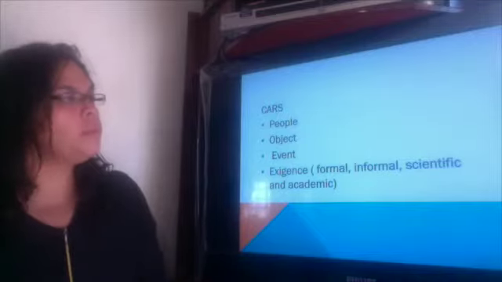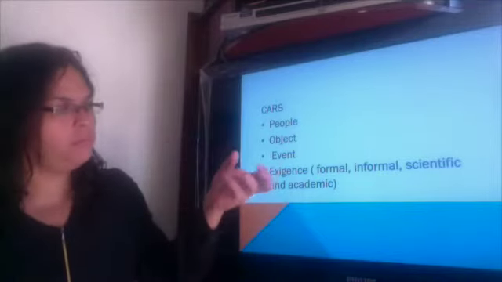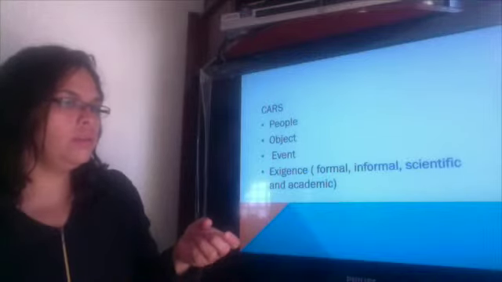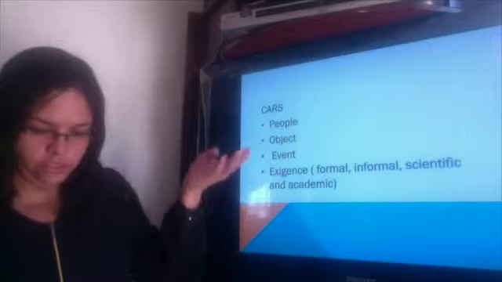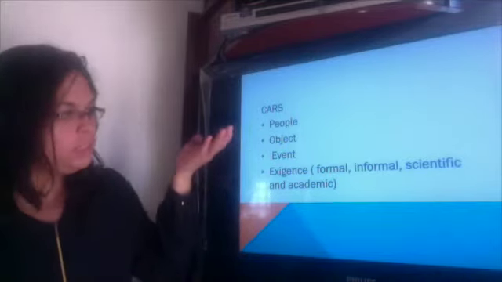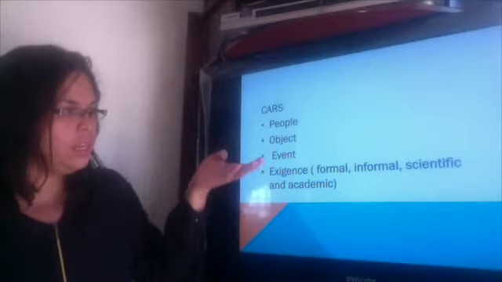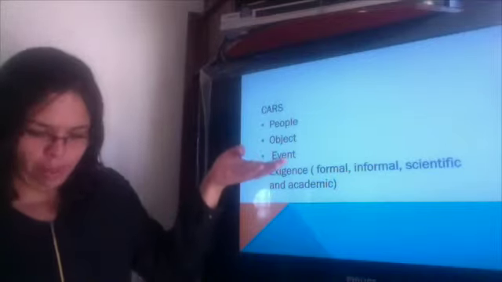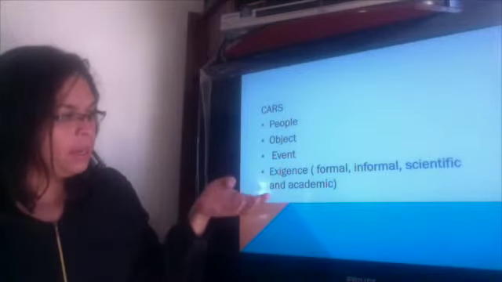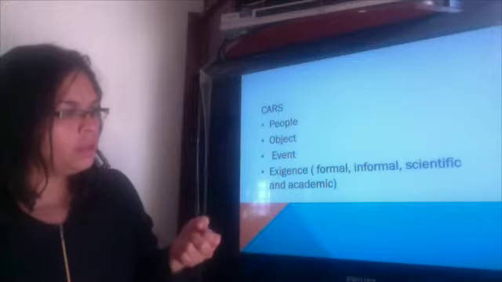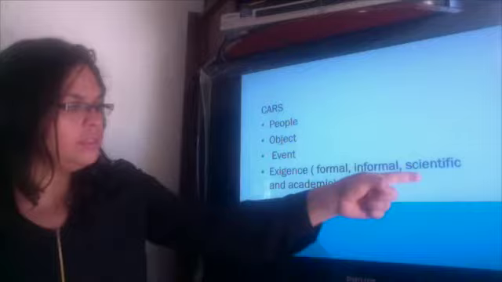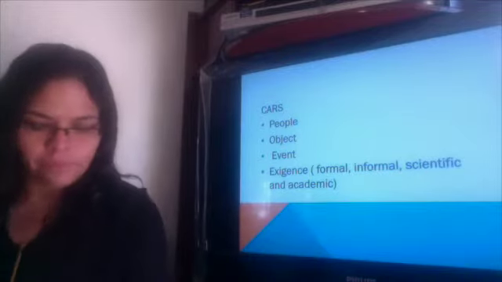And in the CARS method, we have people, that is the people included in the reader analysis. The object is the person or thing to which a specific situation or feeling is directed. And the event is a thing that happens or takes place. And in exigence, we're going to find four kinds of text: formal, informal, scientific, and academic.